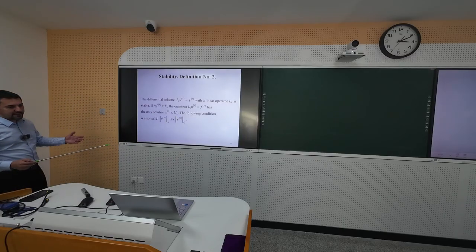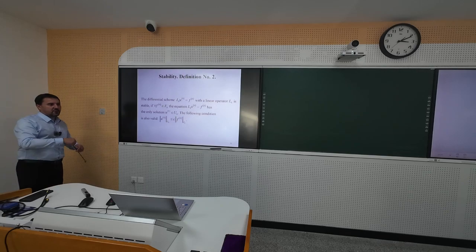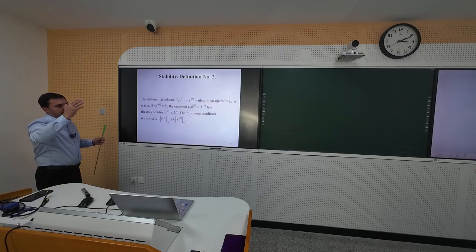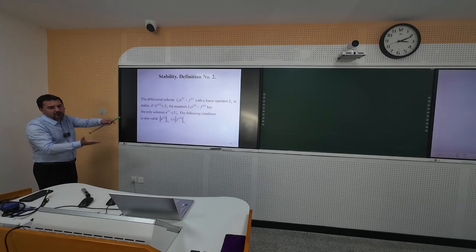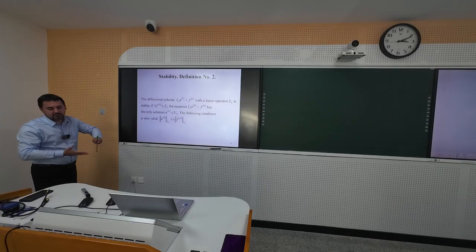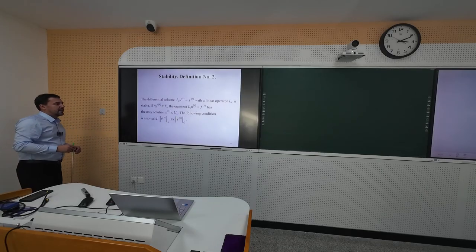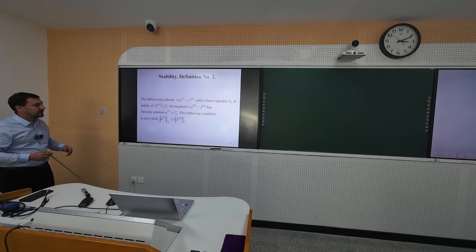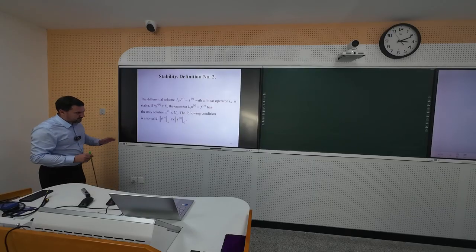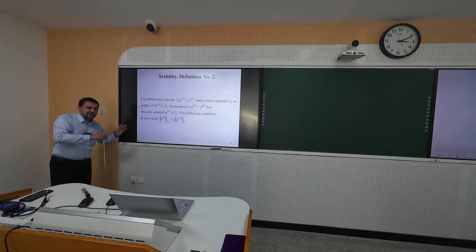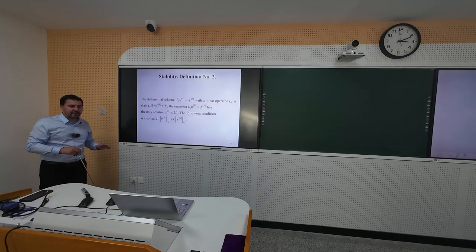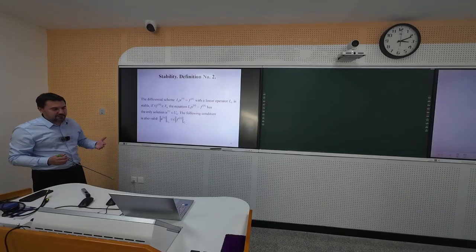So stability is equivalent to your numerical solution not blowing up, meaning your numerical solution should be bounded. It's possible to show that definition number 1 and definition number 2 are equivalent. I don't think it's very interesting to do it here, but you should know that there are different definitions.